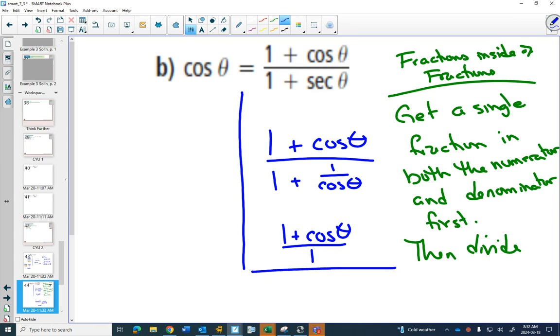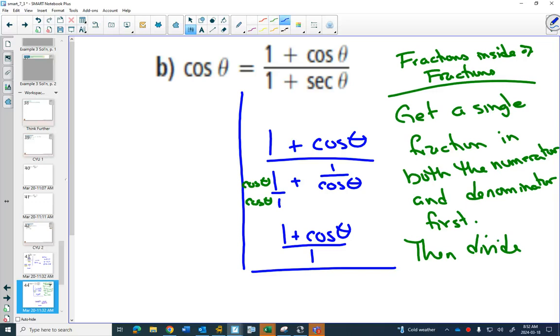Then on the bottom, I would need to multiply, because right now this is 1 over 1. I don't have a common denominator there. How do I add fractions? I would need to multiply this by cos theta and this by cos theta. And if you multiply top and bottom by cos of theta, you're multiplying by 1, which is about the only thing you're allowed to multiply by in an identity, because it doesn't change the value. It just changes what it looks like.